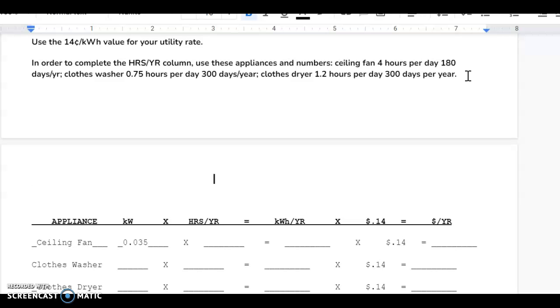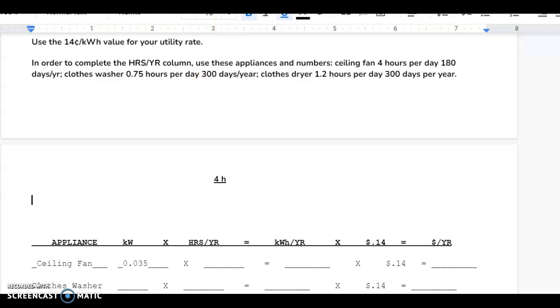So it's going to be down here. So 4 hours per day. I'm going to write it this way. I'm going to put an underline and down below on the next line, that's per day.